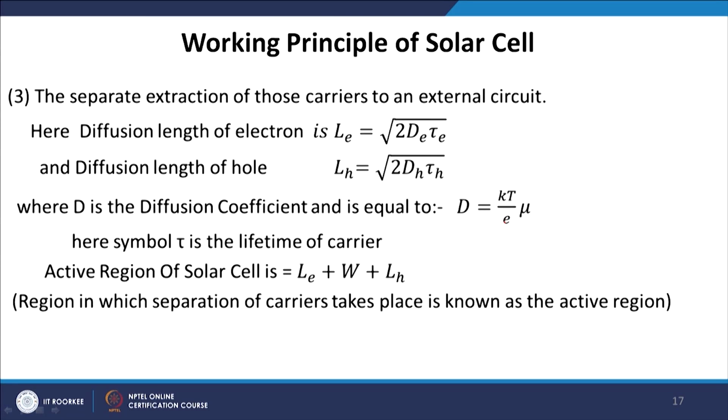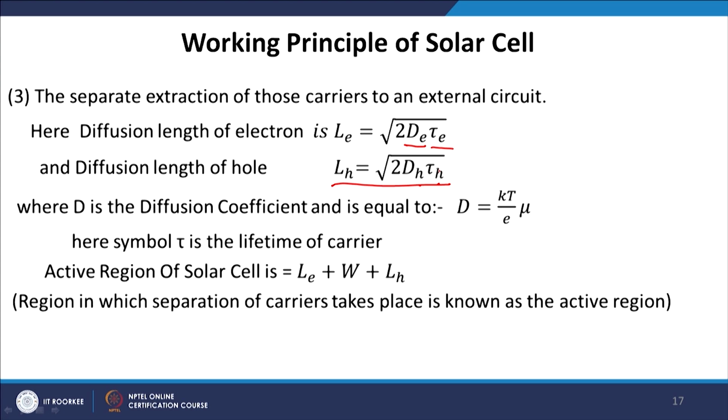It depends upon the diffusion length of the charge carrier. Now, the hole diffusion length and the electron diffusion length are different in a semiconductor. The diffusion length of an electron is defined as Le equals square root of 2 times the diffusion coefficient of the electron times the lifetime tau e, and the hole diffusion length is defined as square root of 2 times the diffusion coefficient of the hole times the lifetime of the hole.